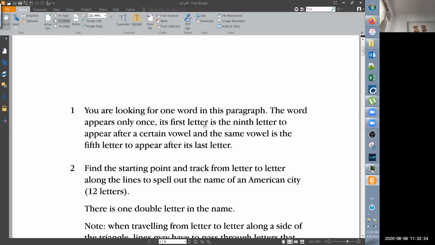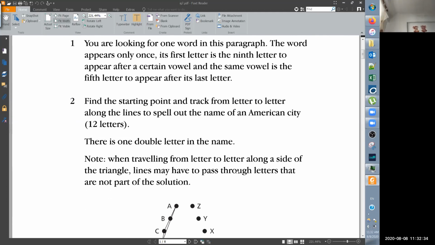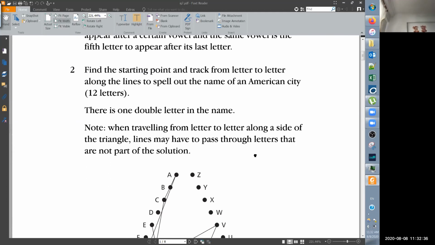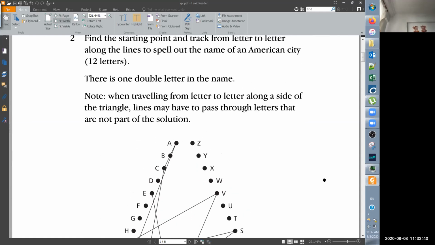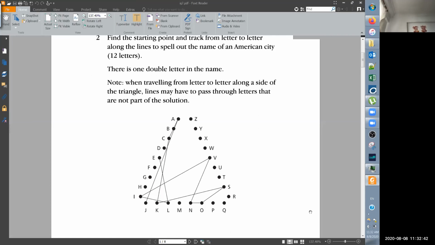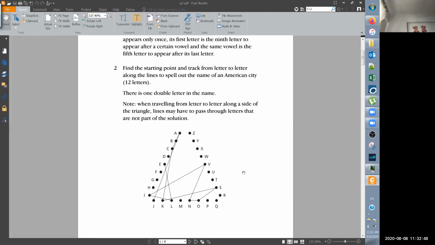Okay, question 1. You are looking for one word in this paragraph. The word appears only once. Its first letter is the 9th letter to appear after the second one. Okay, never mind about this. Question 2. Find the starting point, track, so there is one double letter. Did you do question 2? No. Okay.